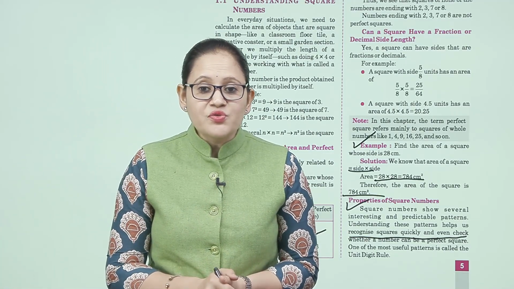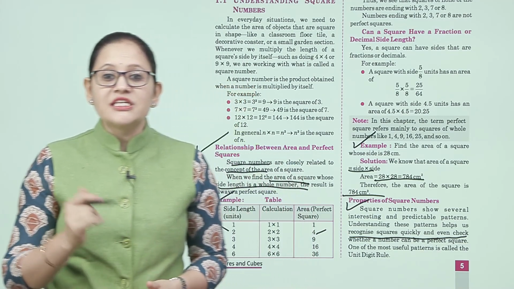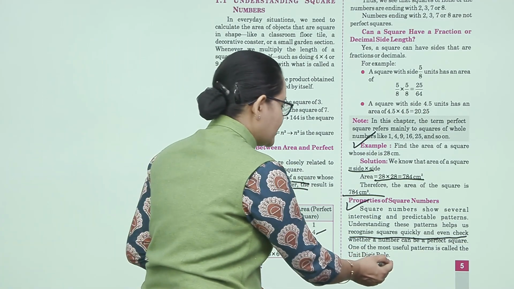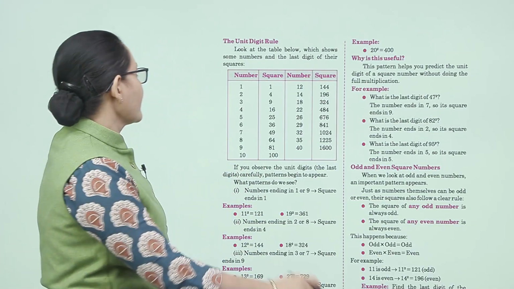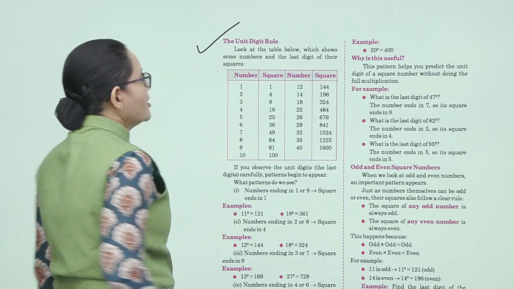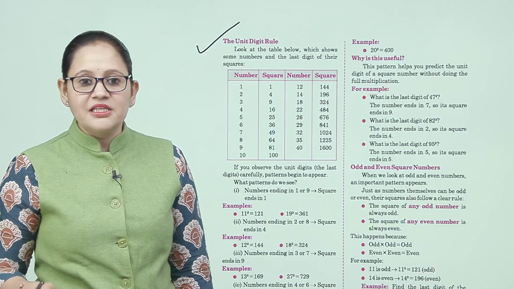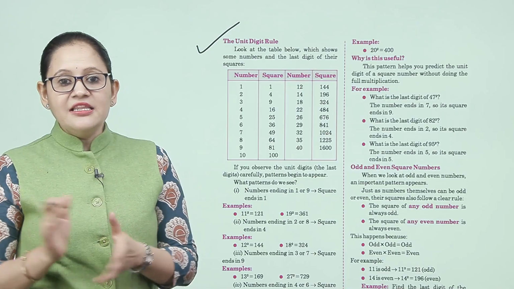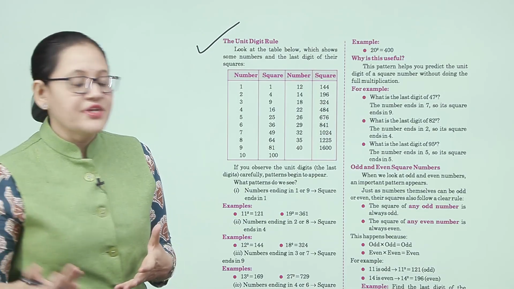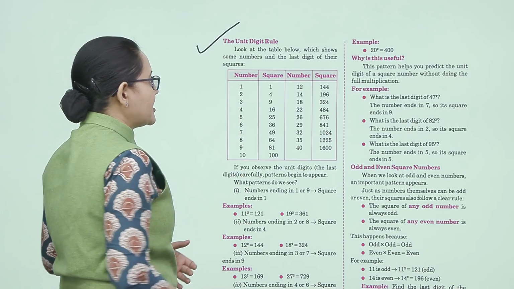One of the most useful patterns is called the unit digit rule. Look at the table below, which shows some numbers and the last digit of their squares.